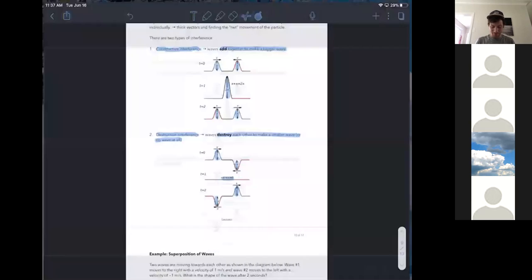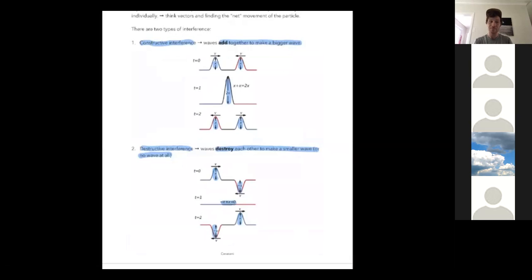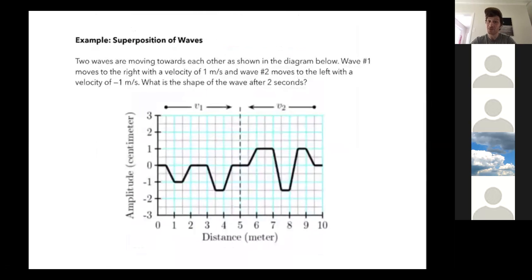Fantastic. Okay. Now, there is a question on Quest that looks very similar to this if you've looked at the Quest, okay? I'm not going to ask you this question ever again except for this one time, okay? So I'm going to walk you through how to do it. Now, you've got two waves that are moving towards each other.